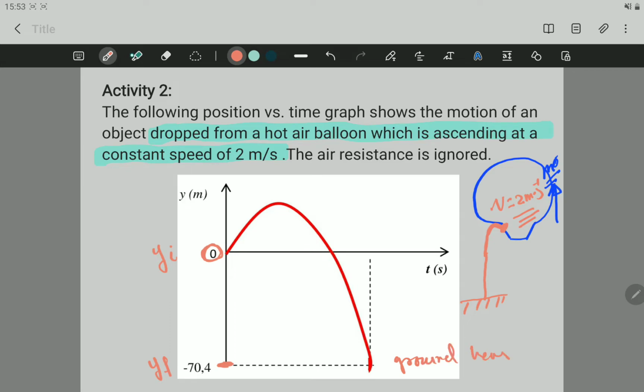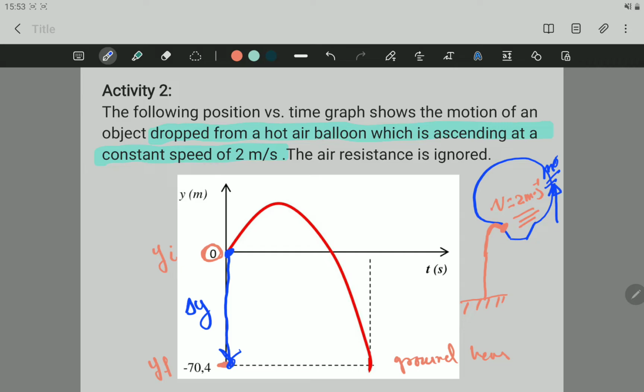The displacement of the object is from the initial position to the final position. That line is not straight. That is the displacement of the object from the starting point, the initial position, to the final position.